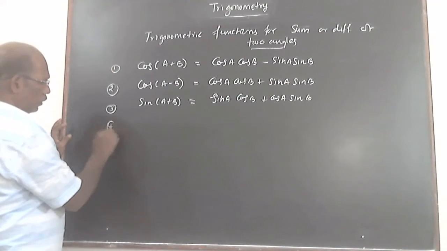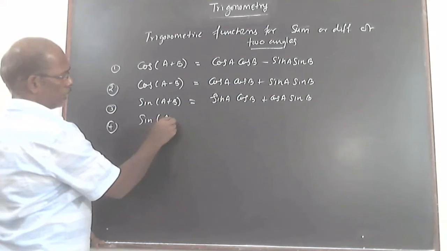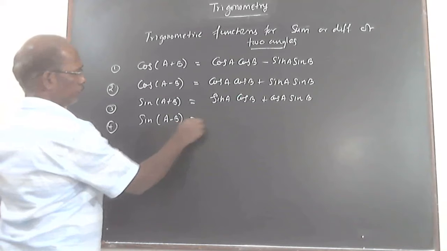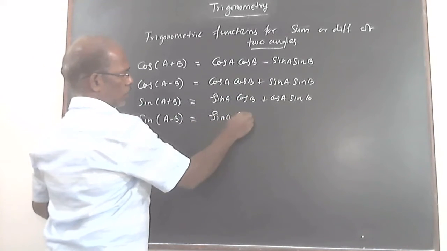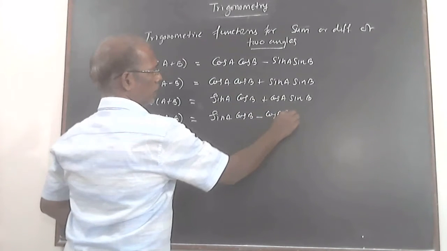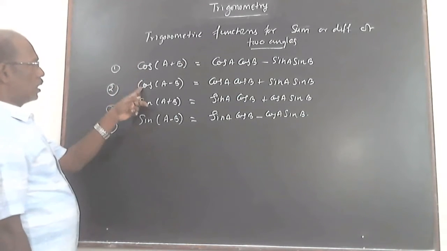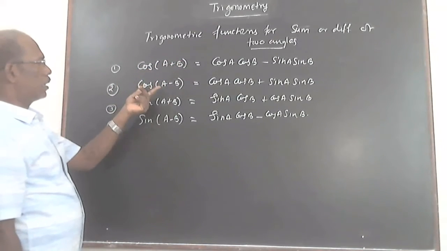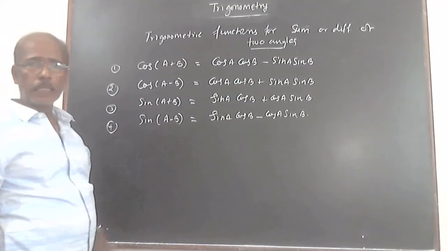The fourth one, sine of the difference of two angles, A minus B, is sin A cos B minus cos A sin B. So: cos A plus B, cos A minus B, sin A plus B, sin A minus B.